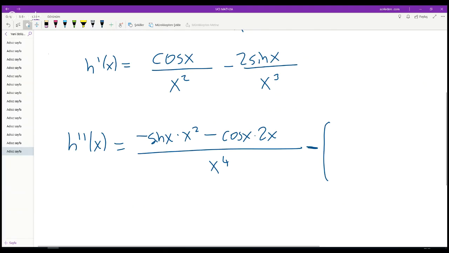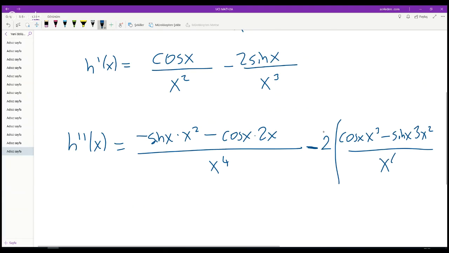And also I write the minus and the 2, okay? So, and cosinus x, x cubed minus sinus x, 3 x squared over the square of x cubed, which is x to the power 6, okay? And you can do some algebra to find a clearer solution.